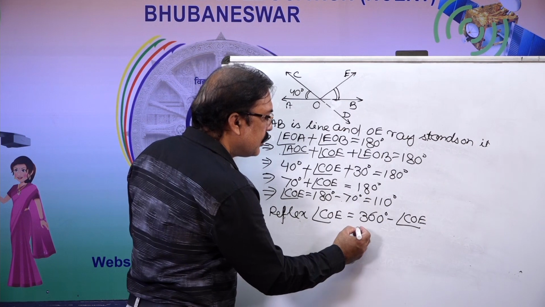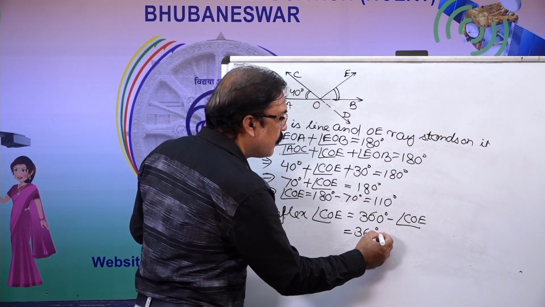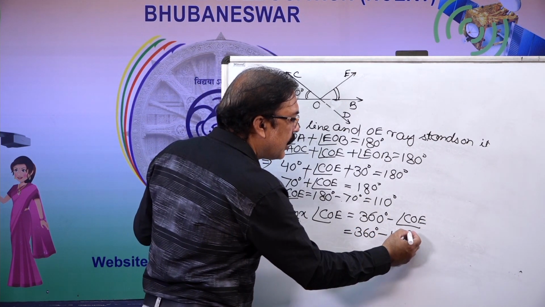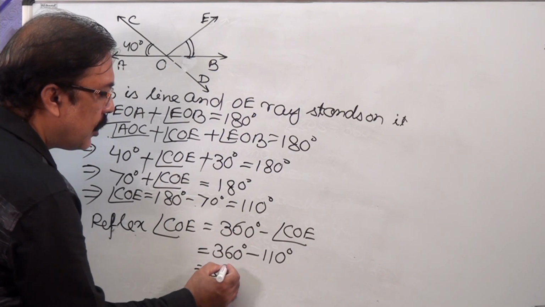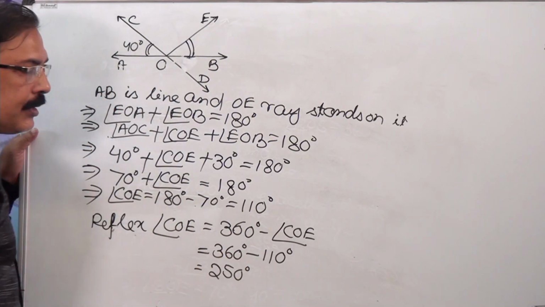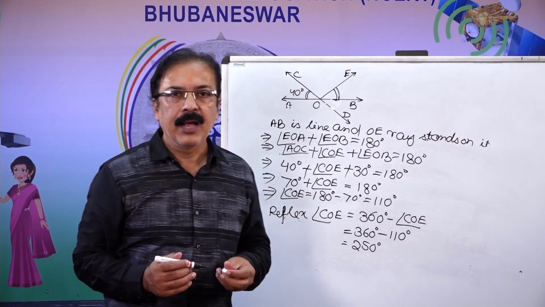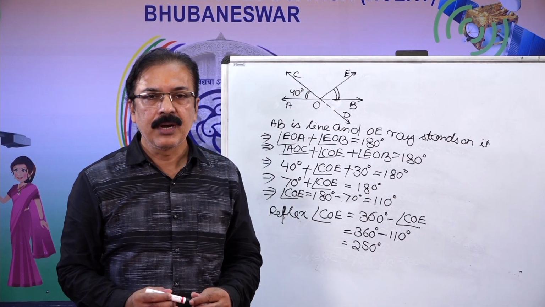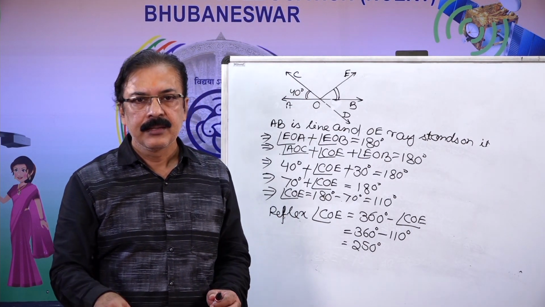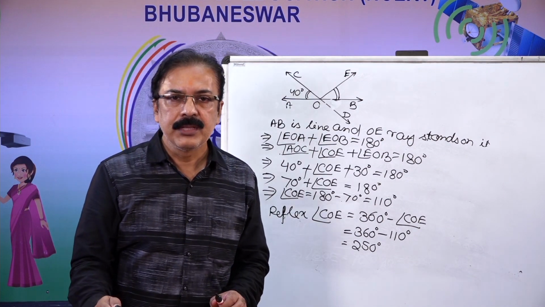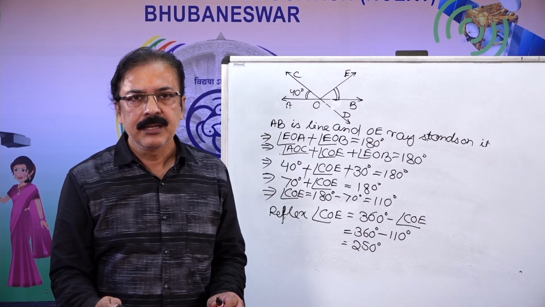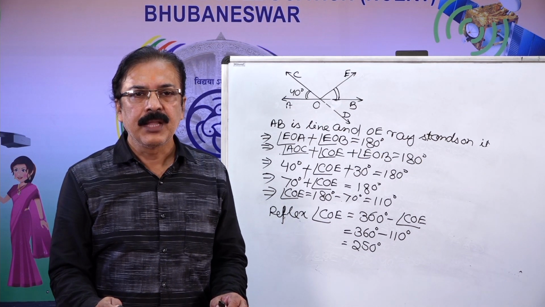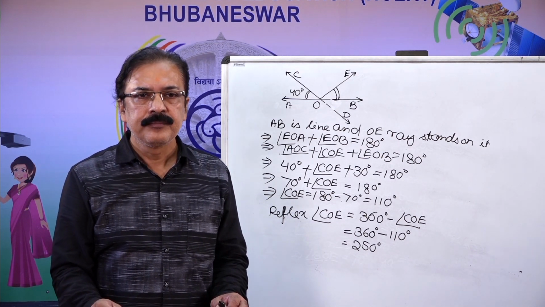That is 360 degree minus 110 degree, that is 250 degree. So, reflex of angle COE is 250 degree. Okay, so this is the solution of this question. Now, let us have a look at another question.